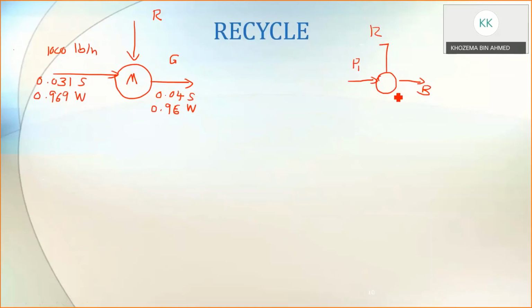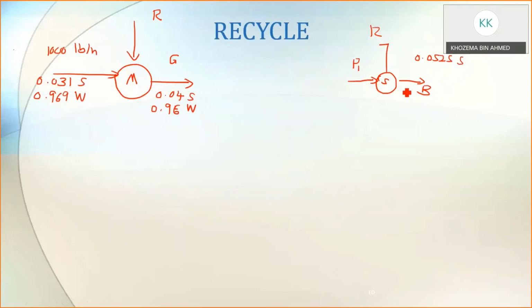The function of a splitter is just to split the stream. The composition will be the same. So since I know the composition in my brine waste, which is 0.0525 of salt and the rest is water, this composition will be the composition for my P1 and also for my recycle stream.